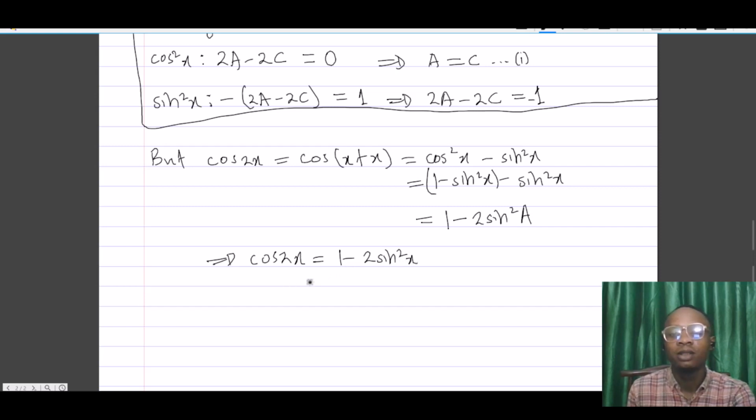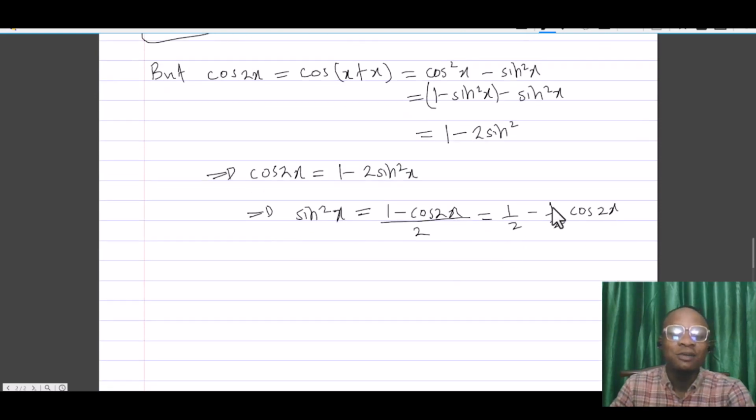So we can make sine squared x the subject. That's going to be 1 minus cos 2x, divided by 2. So we can write it as 1 over 2 minus 1 over 2 cos 2x.